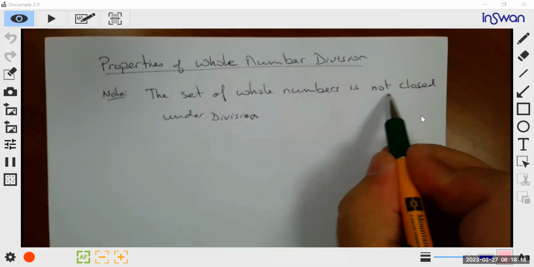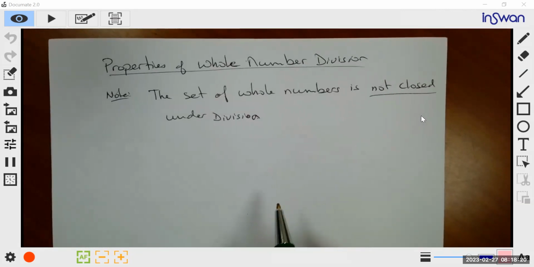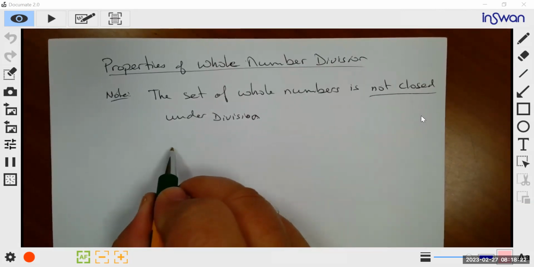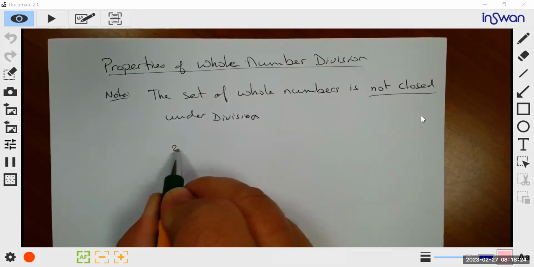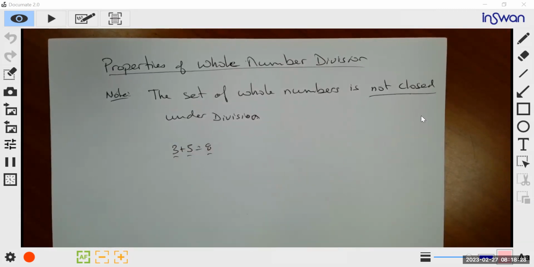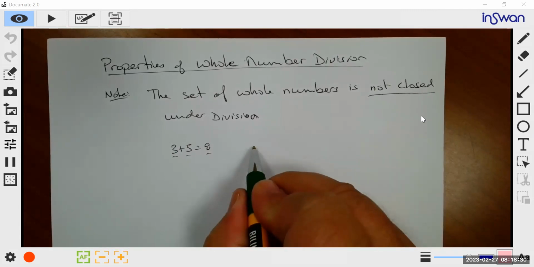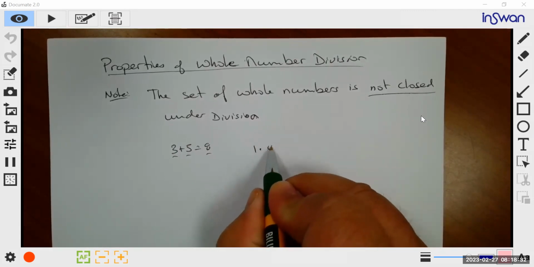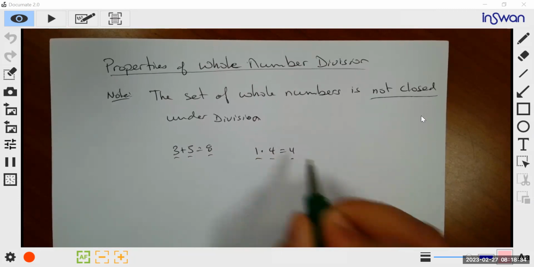Remember, when we say closed: if I had 3 plus 5, that equals 8. These are all whole numbers. Multiplication, 1 times 4 equals 4. These are all whole numbers. They're all unique.